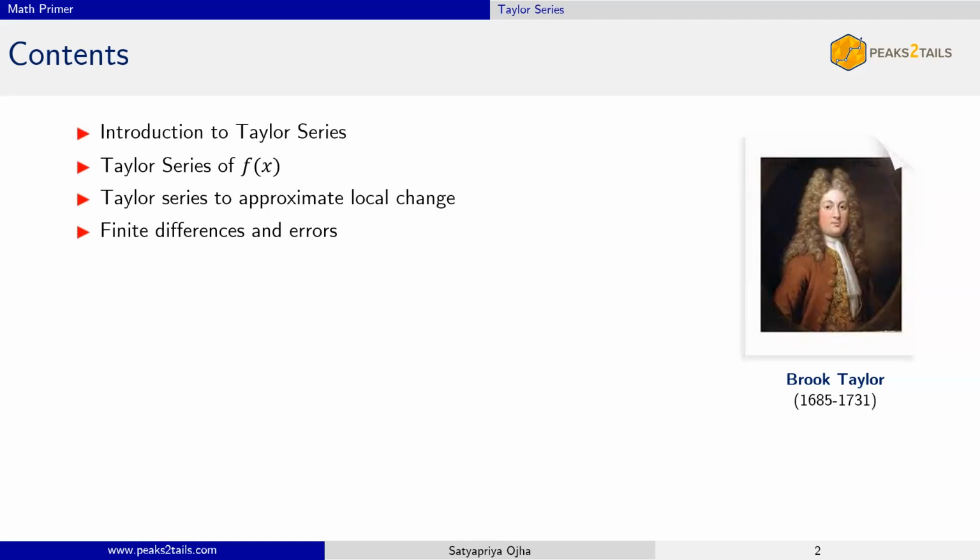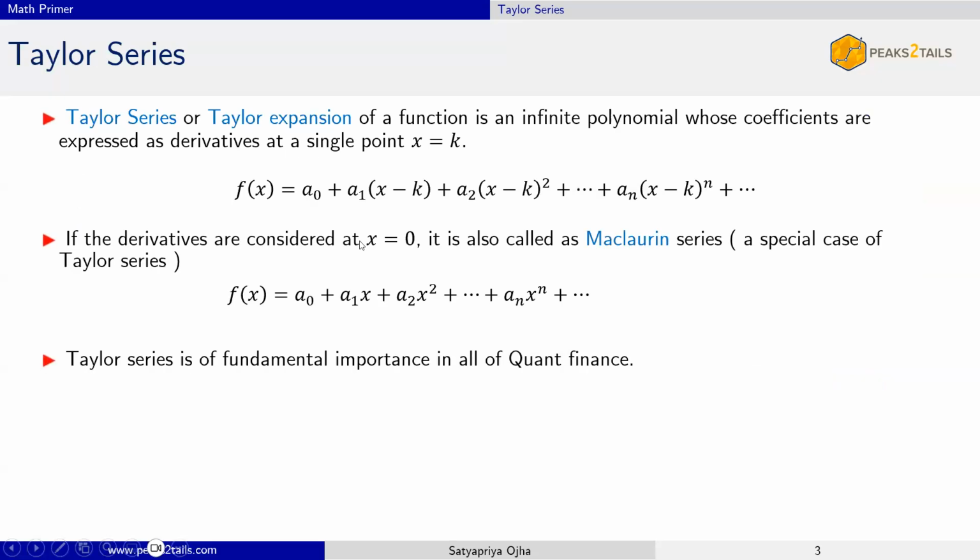All right, let's proceed. So the Taylor series or Taylor expansion of a function is an infinite polynomial representation. You remember polynomials? You have only powers: x square, x cube, x fourth, right? No sin x, no log x.